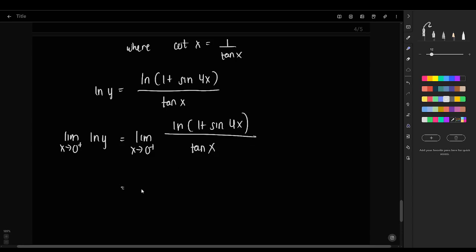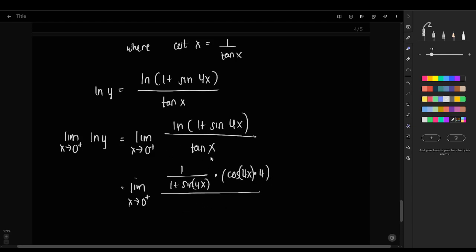So by L'Hospital's rule, the derivative of ln of (1 plus sine 4x) is 1 all over (1 plus sine 4x), times the derivative of the inside, 0 plus cosine 4x times 4, right?